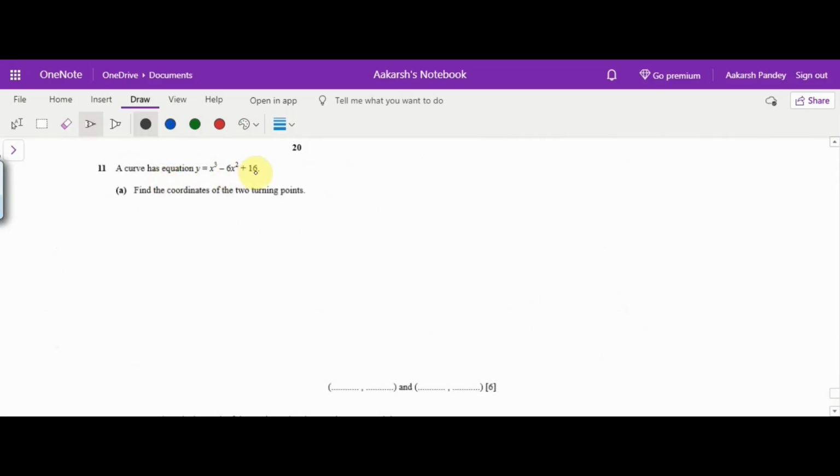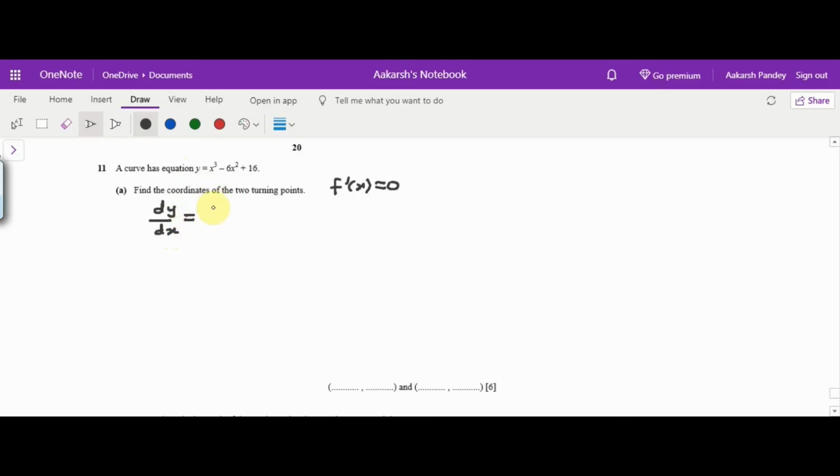Now a curve has this equation. We have to find the turning point. So turning points is where f dash x is equal to 0. F dash x is nothing but the first derivative. So because y is equal to this function, I'll take dy by dx.